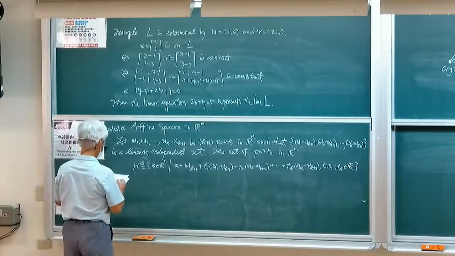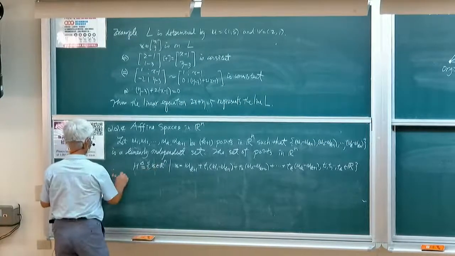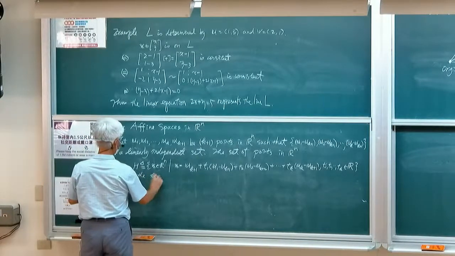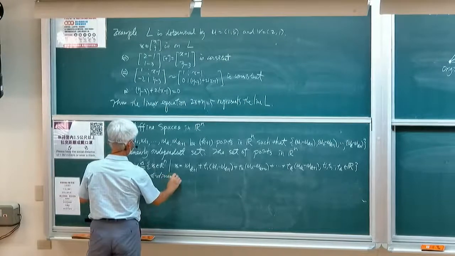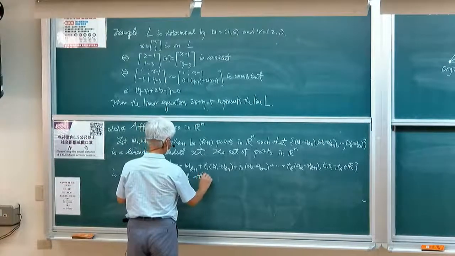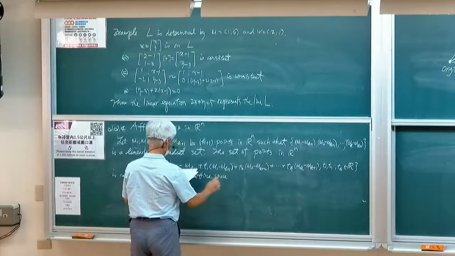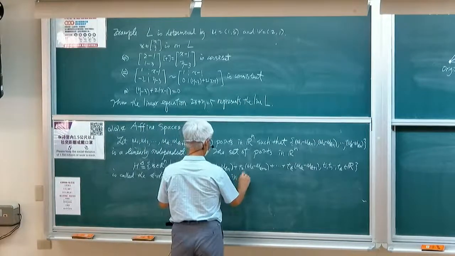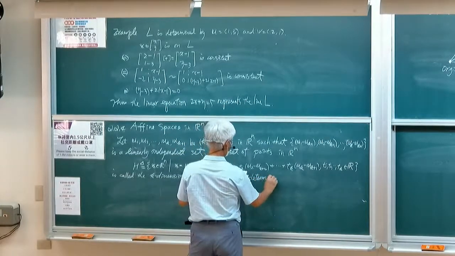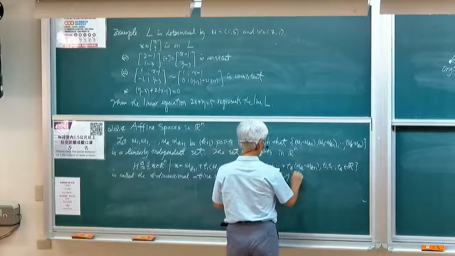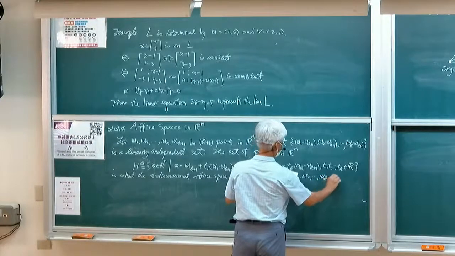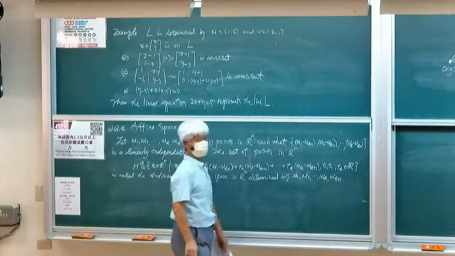And such a set is called the k-dimensional affine space in R^n determined by u_1, u_2, up to u_{k+1}.